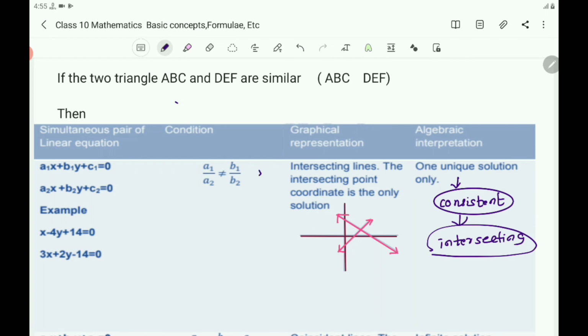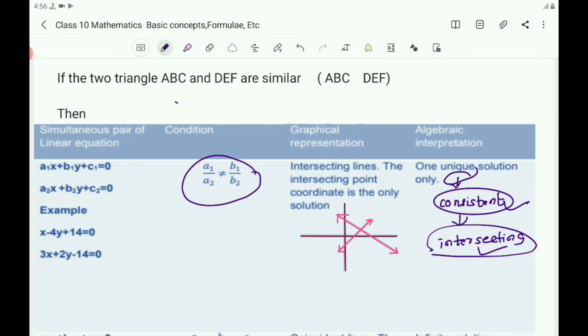If a1 by a2 is not equal to b1 by b2, they are intersecting lines having only one solution, a unique solution, and they are consistent. See here, there is a relation among the ratios of their coefficients, meaning the ratios of the coefficient of x, coefficient of y, and constant.